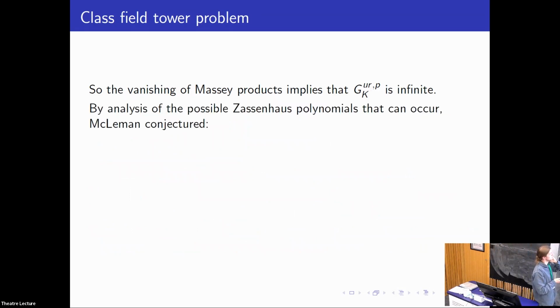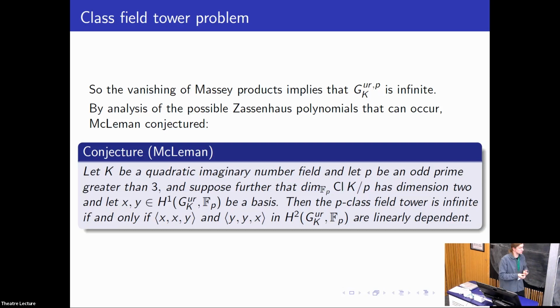Then there was this McLean, I don't know if I pronounced his name correctly. He did some analysis of the possible Sassenhaus polynomials you can get for quadratic imaginary number fields with p odd. And then he made the following conjecture, which if true would be absolutely fantastic.